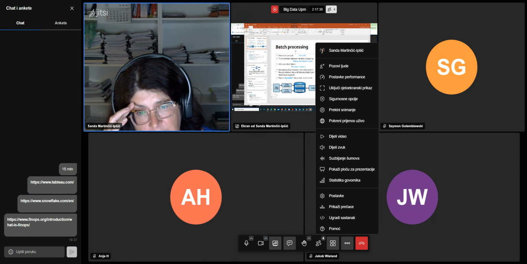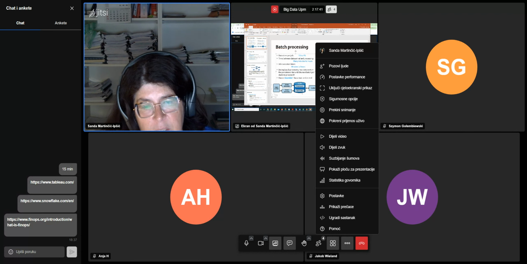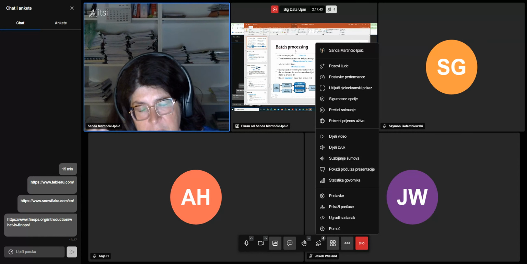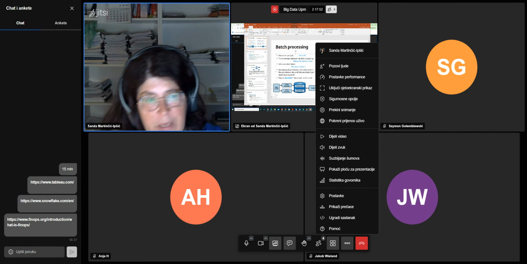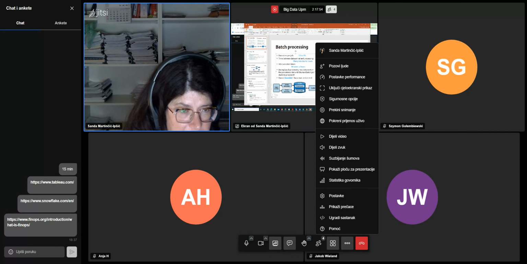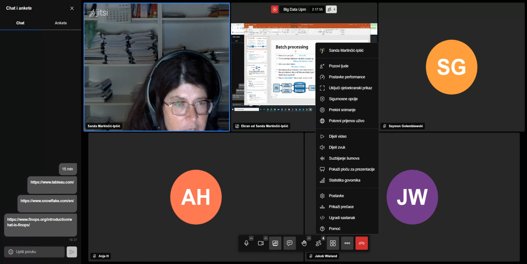And during this batch processing, new data can arrive. And this is why we need stream processing that is capable of capturing and processing data while the big batch query is working, which means that here I have a stream processing architecture that is processing smaller quantities of data in much faster periods.